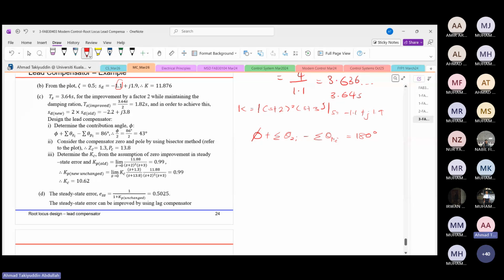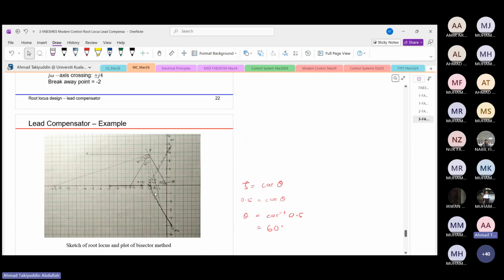And I'm going to have it equal to 86 degrees. How do I consider this? It comes from phi plus what I'm supposed to have for the value of the summation of zeros angle in my plot.